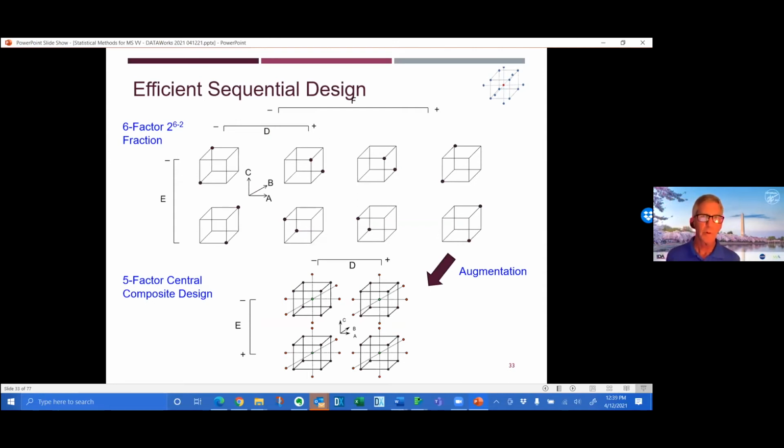So we went through a sequential approach, 2 phases here, where the first phase was a fractional factorial, 16 runs at 2 levels each, and just a geometry of that 6-dimensional space there in the top half. And then the bottom half is an augmentation to a 5-factor central composite design.